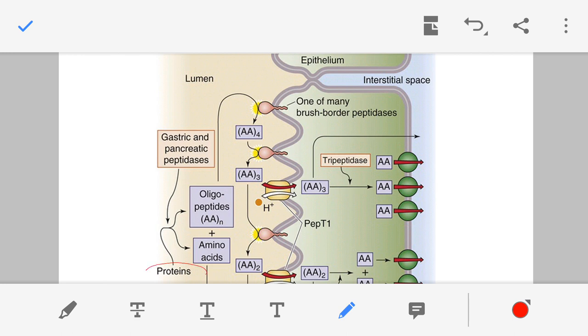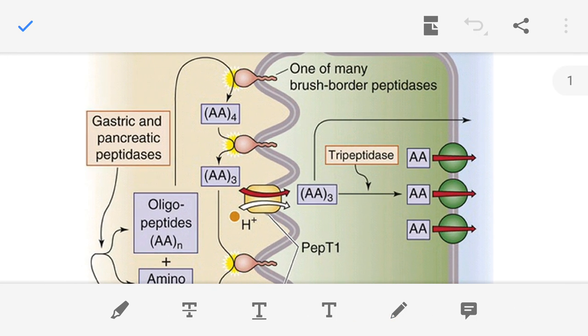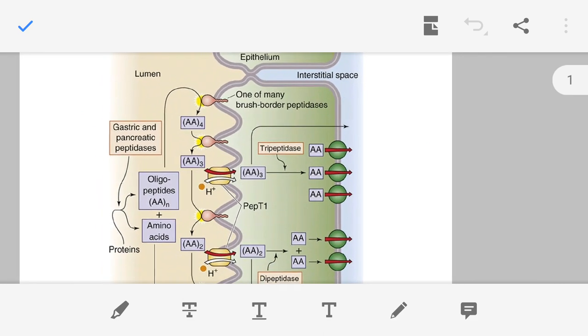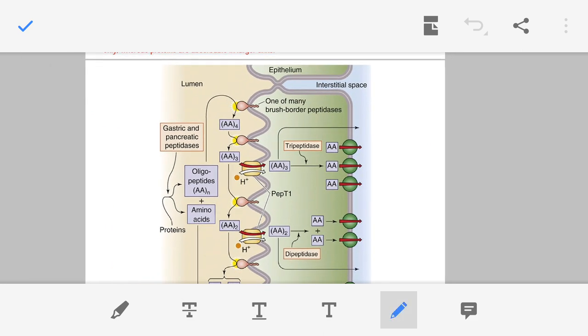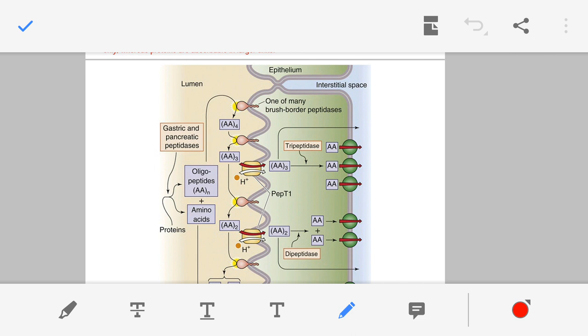So here you see in the lumen of the small intestine, protein is digested and some of the amino acids are removed. Once the amino acids are removed, the remaining part of the protein, which has larger polypeptides, these larger polypeptides are known as oligopeptides. In the previous lecture, we learned that these oligopeptides are digested by the brush border enzymes, the peptidases.